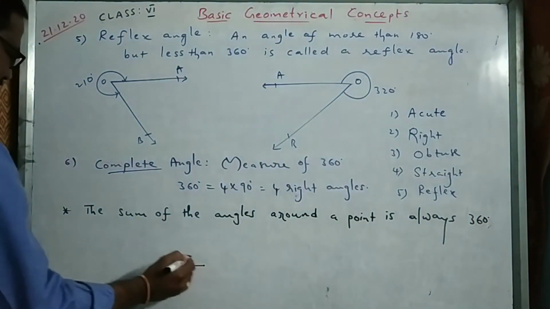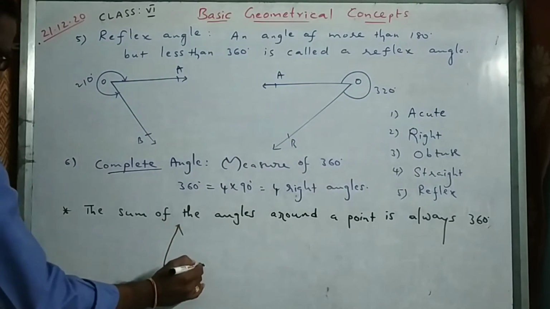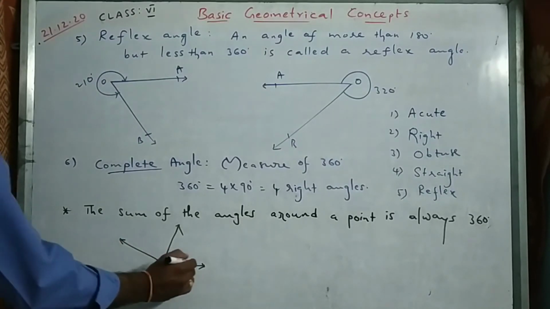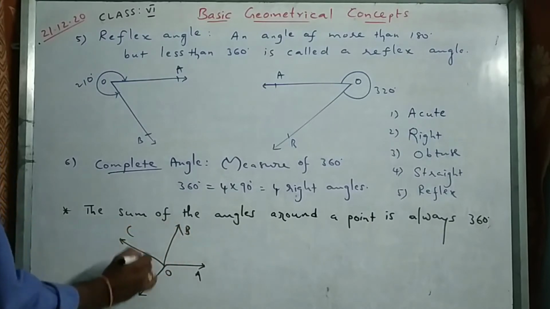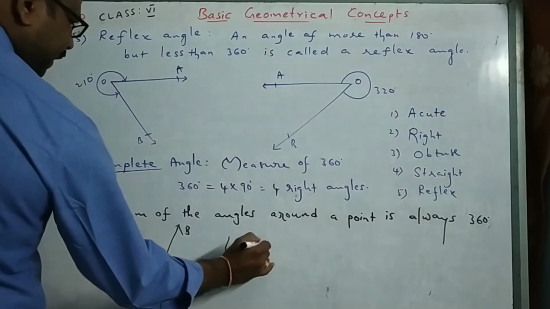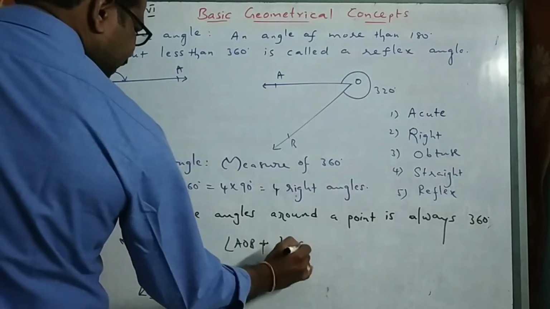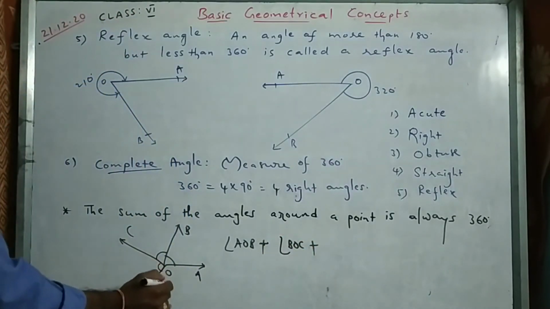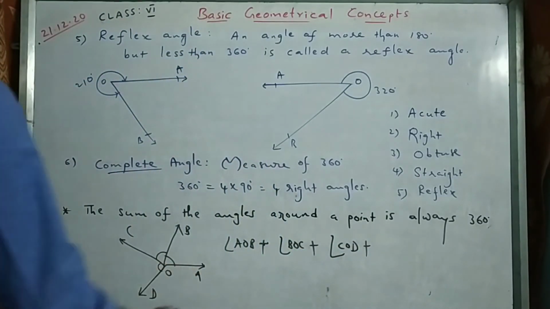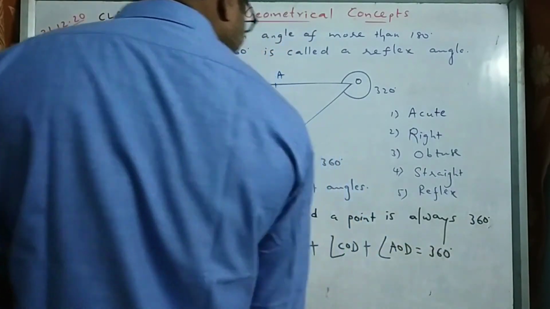For example, you can take like this, A, B, C, D. For example, angle AOB plus angle BOC plus angle COD plus angle AOD is equal to how much total angle? 360 degrees.